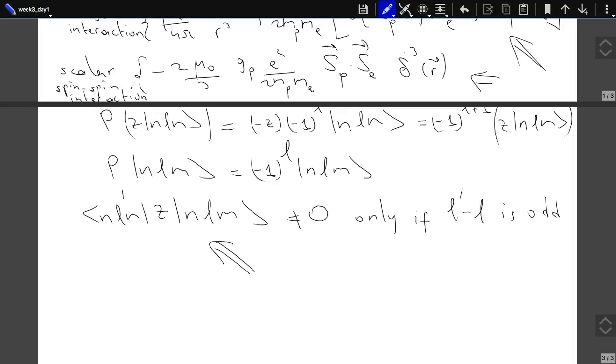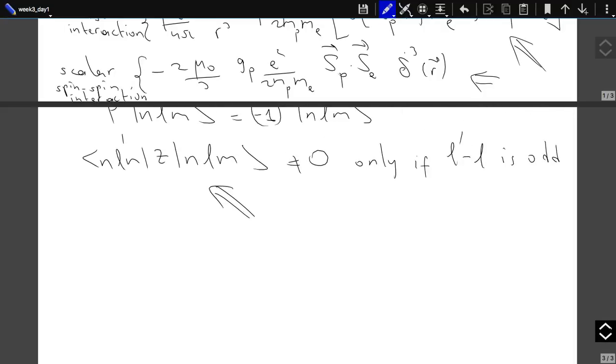Because the energy depends only on n and not on l if we ignore all other effects. But we have seen that if l and l prime differ by 1, then the matrix element is non-zero. But then the Hamiltonian has a non-zero matrix element between degenerate states. So we cannot use non-degenerate perturbation theory. So we have to first write down a good basis, which this one is not. The n l m states are not a good basis.